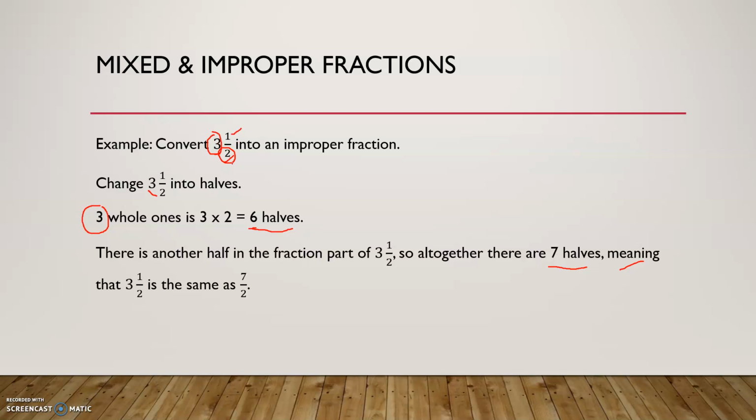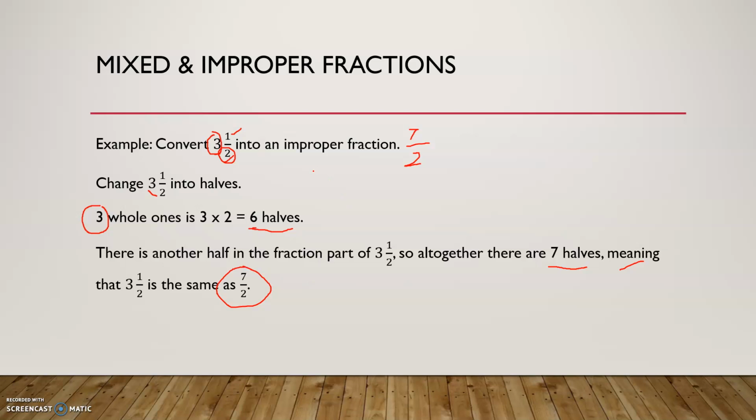So 3 times 2, which is 6, plus 1, which is 7. Whatever answer you get, you write on the numerator, which is 7, and then your base would be the same. So 3.5 is the same as 7 halves, which is our answer.